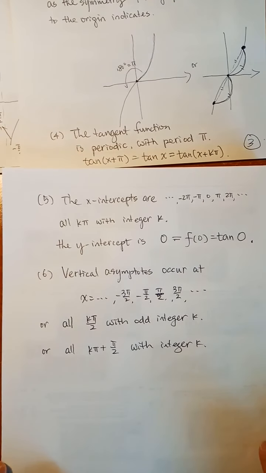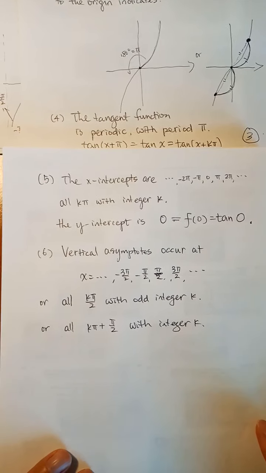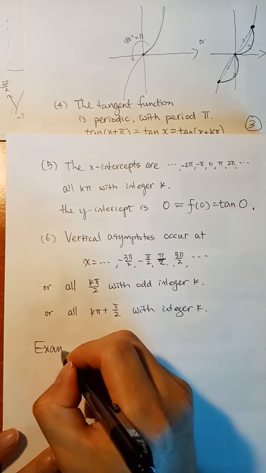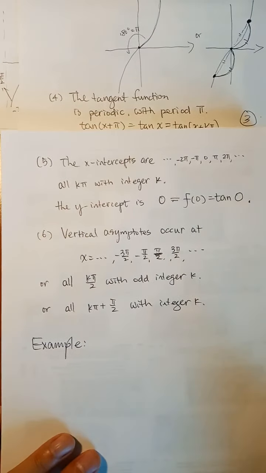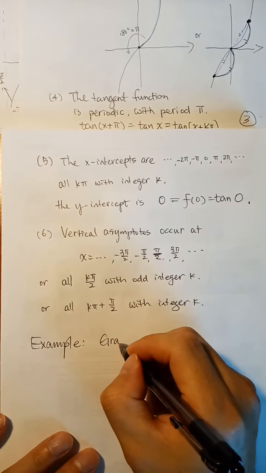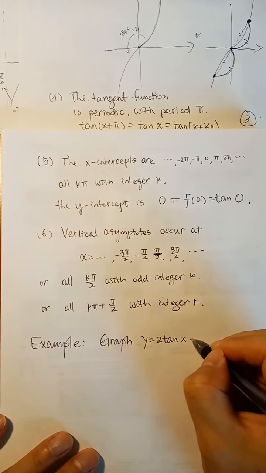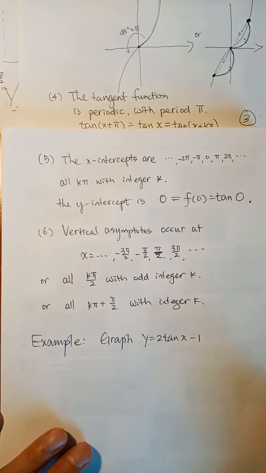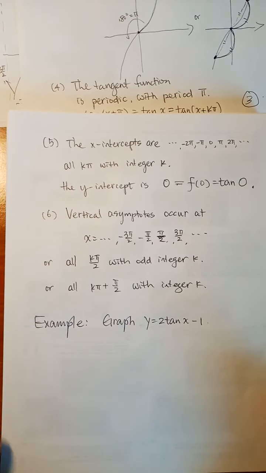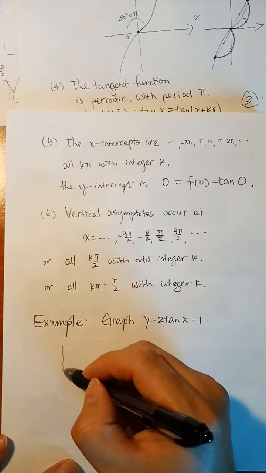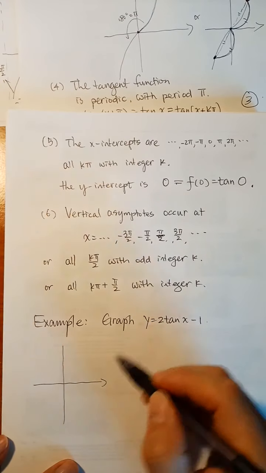Okay, now let's modify the tangent function a little bit in order to get a general graph. Example: graph y equal to 2 tangent of x minus 1. How do we graph it? First, you graph the regular tangent function.